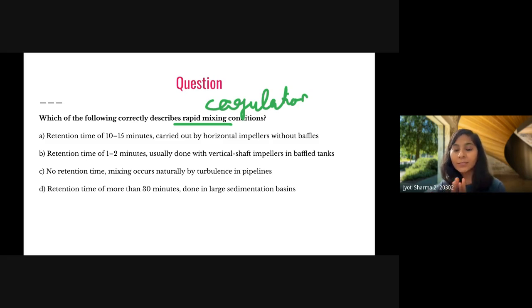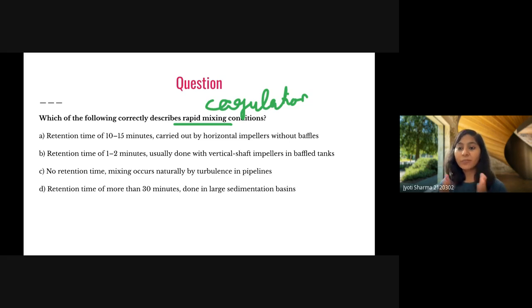So the thing is that if we are adding coagulant in your surface water, we have to rapidly mix it. This is what we are talking about, the rapid mixing condition. But for how much time we have to do this rapid mixing is very important for us.